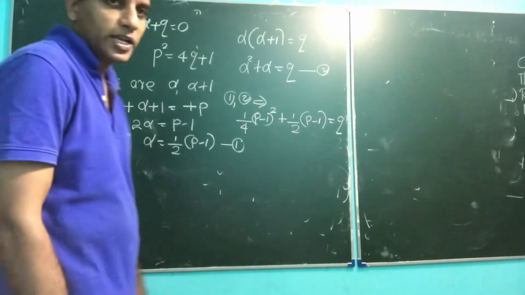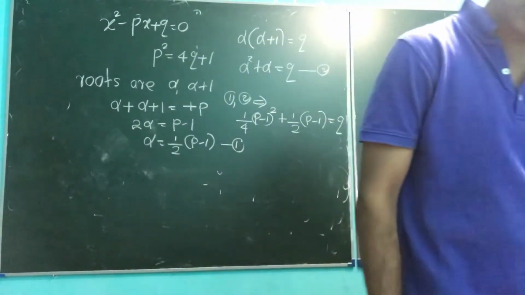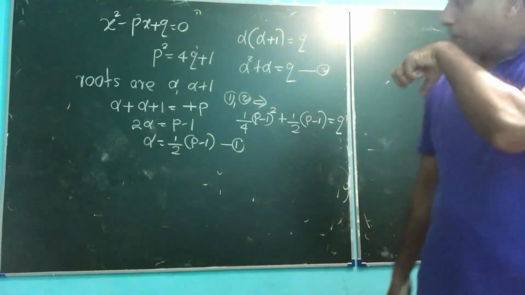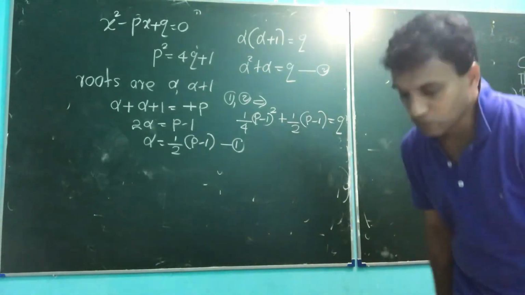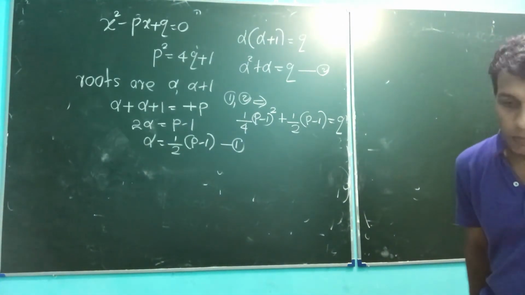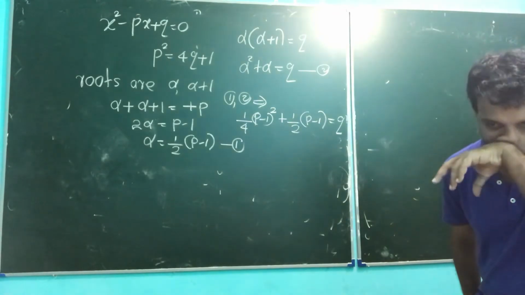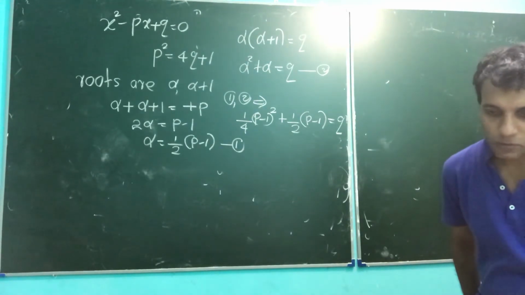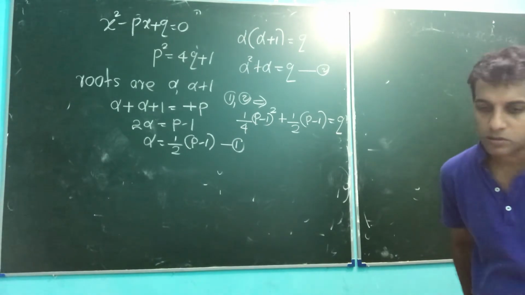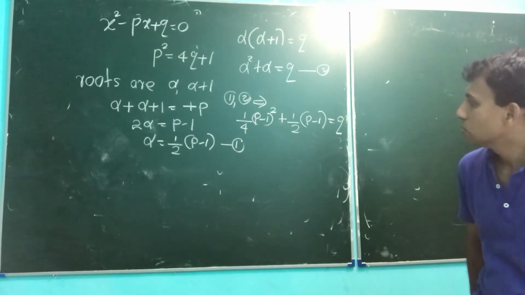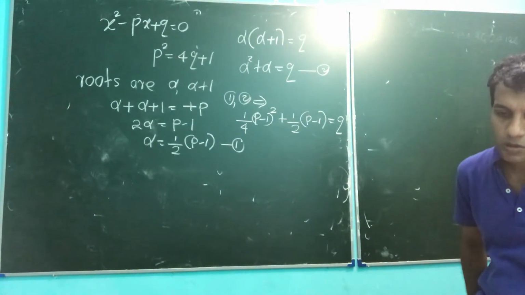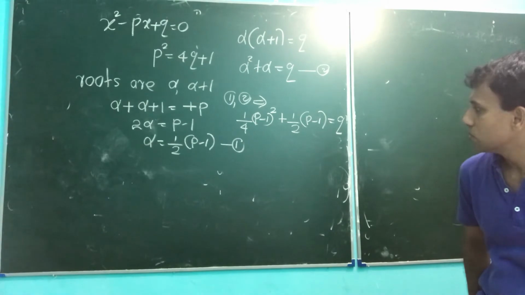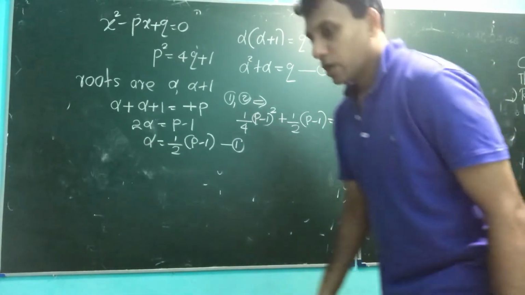Successive roots, one is alpha, the other one is alpha plus 1. Okay, any form? Get the simplest form.